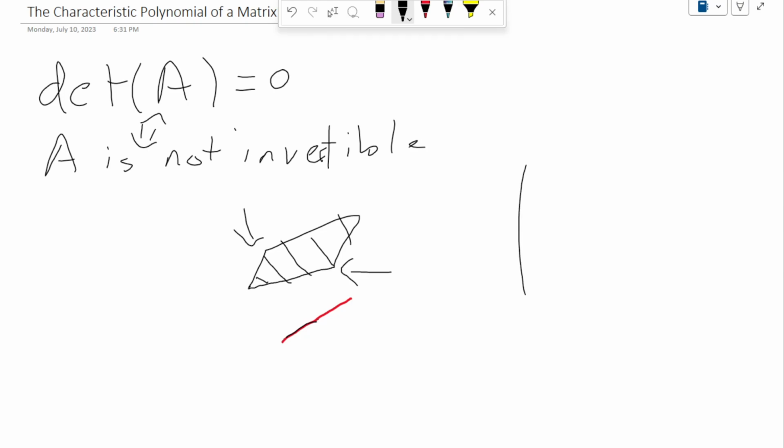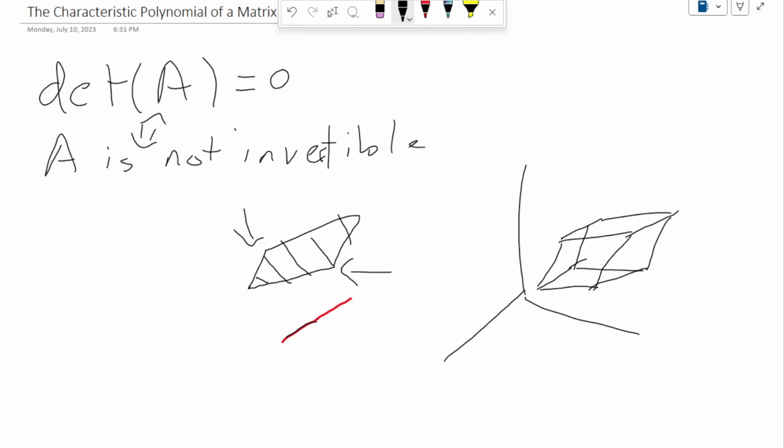In 3 dimensions, normally the volume is going to be the volume of some figure like this, this 3-dimensional shape. I haven't drawn a parallelepiped in years. The only way that this volume could be 0 is if this 3-dimensional shape was actually just 2D, because one of the vectors is in the plane made by the other two.